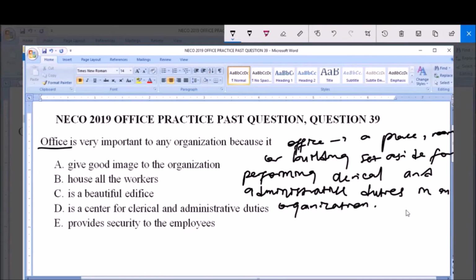Now, office serves as a link between the business and customers.